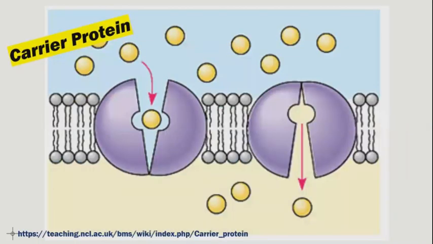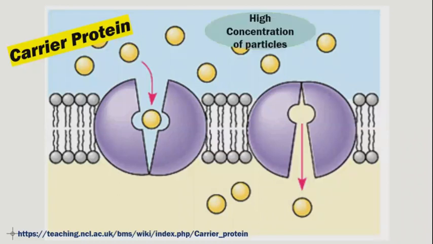Now, carrier proteins are also selective, but they differ from channel proteins, and that's because a substance must bind to the protein, and after it binds, the protein then changes its shape and releases the substance on the other side of the membrane.